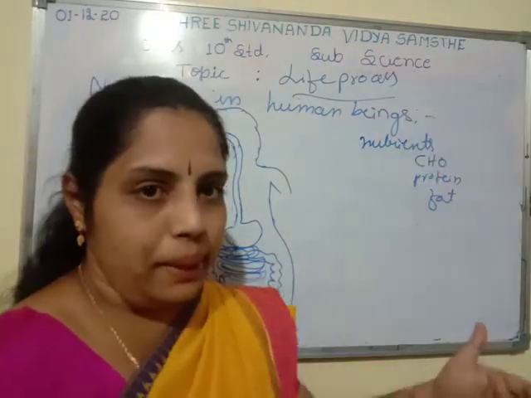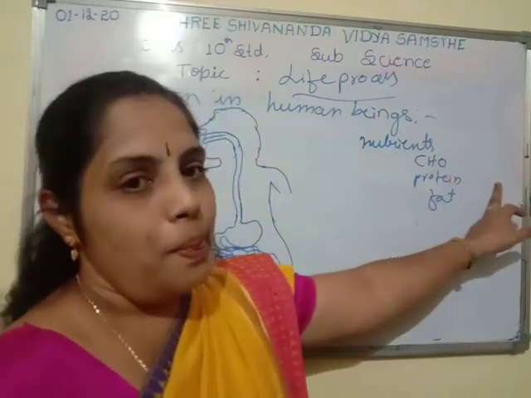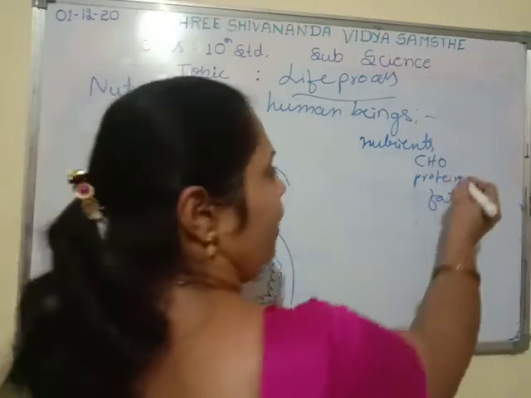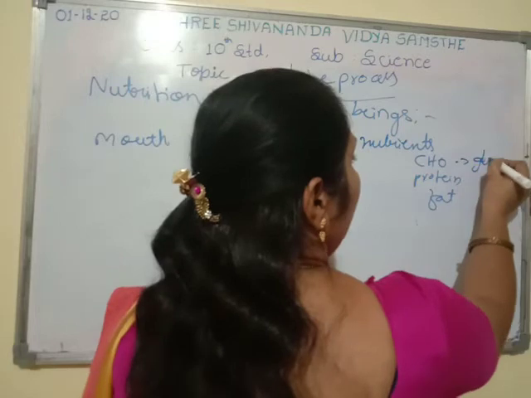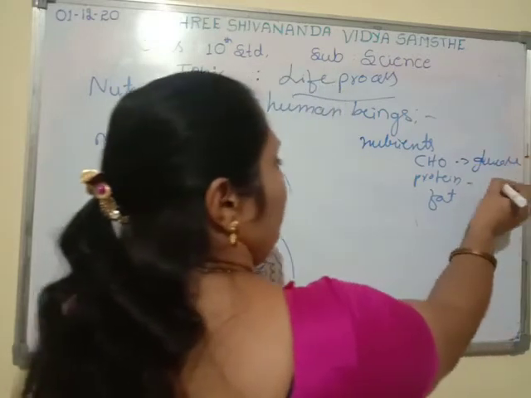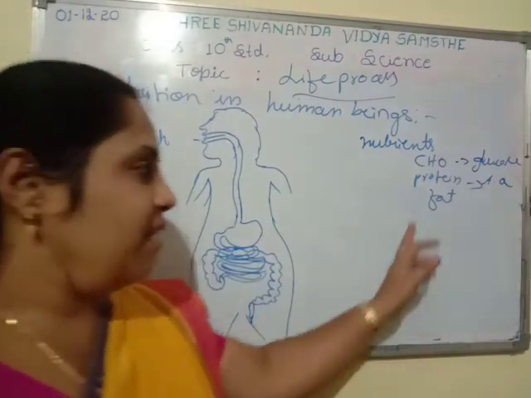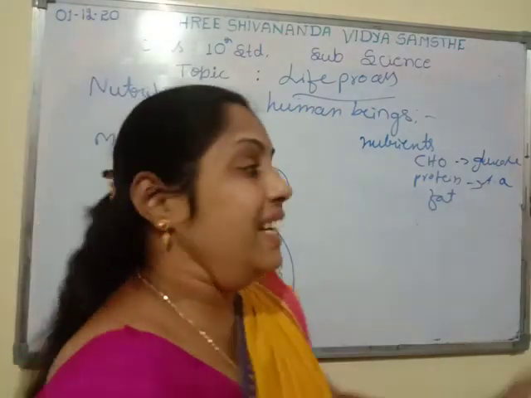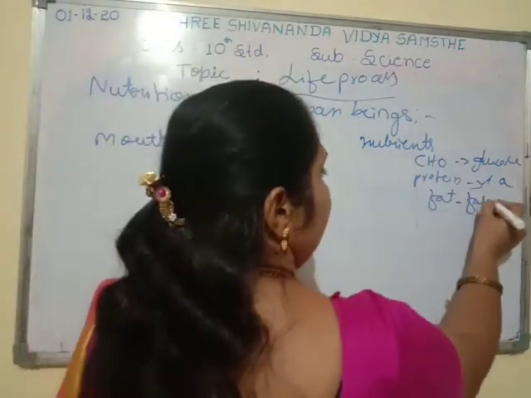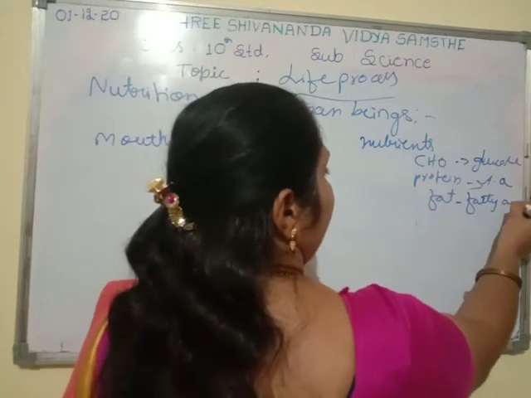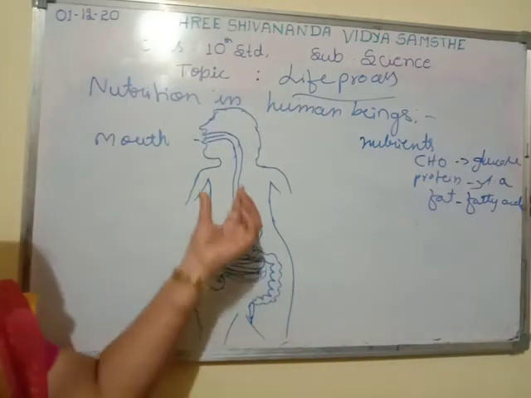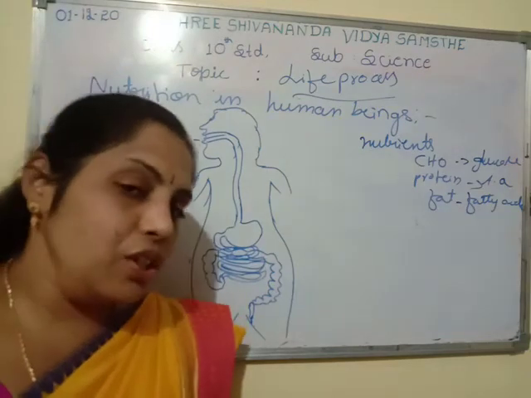Carbohydrate should break up into glucose, protein breaks up into amino acids, and fat breaks up into fatty acids. Mainly this process takes place in digestion.